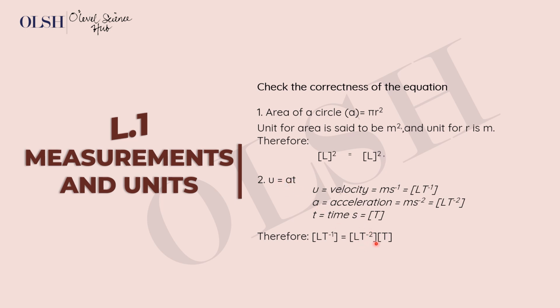So this is acceleration times time, t. If we join that together and simplify this equation, we have [LT^(-2+1)]. Minus 2 plus 1 is equal to minus 1. So we can see that this equation is actually correct for velocity.